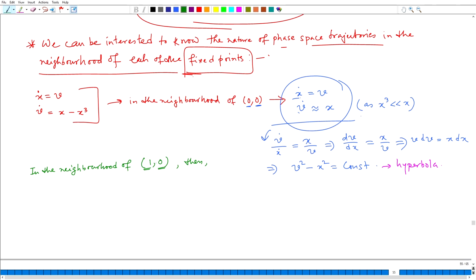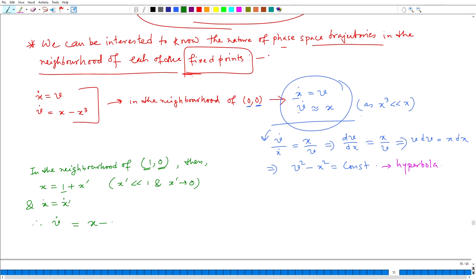So, x is not small, but I can now think that x can be written as 1 plus a very small quantity x prime. Now, that x prime is very small with respect to 1, and x prime practically tends to 0. Okay. And x dot is equal to x prime dot as well, because this is just a constant shift.